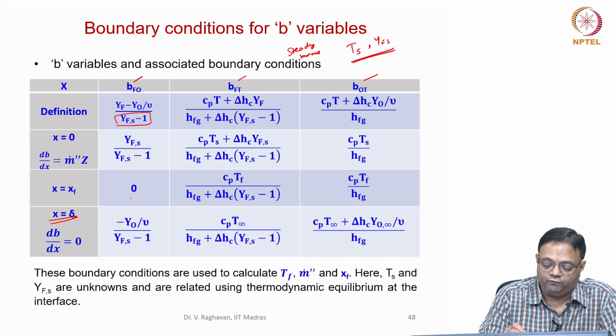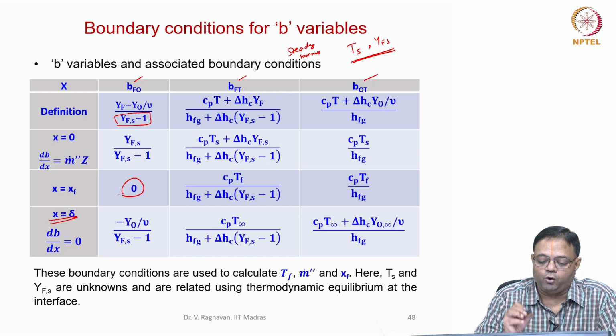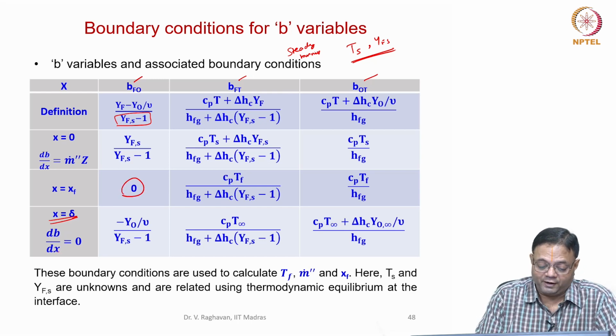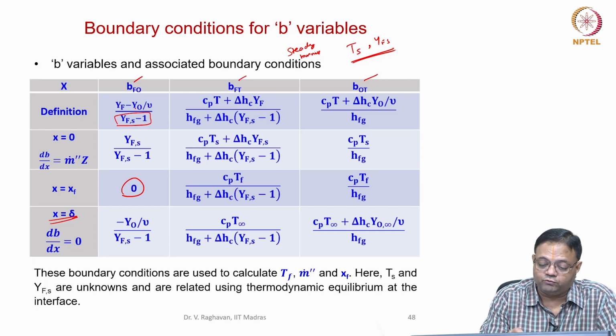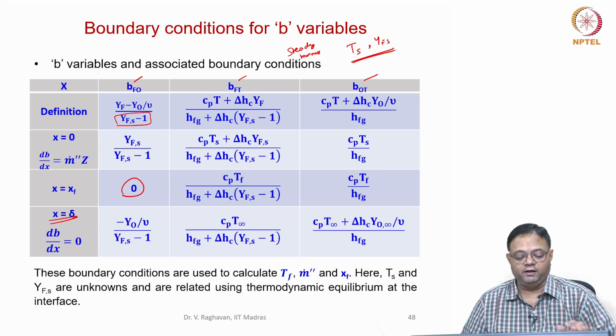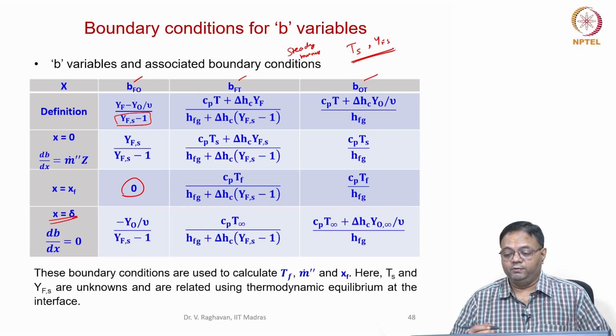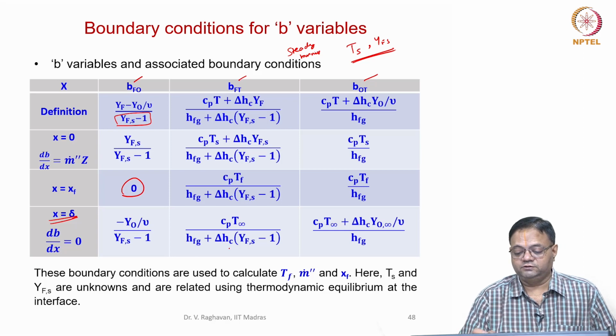So BFO will have a value of 0 in the flame zone. But in the case of the far field, YF will not be there, but YO will be there. So minus YO by nu by YFS minus 1 will be the variable. Similarly, for all others you can check this.